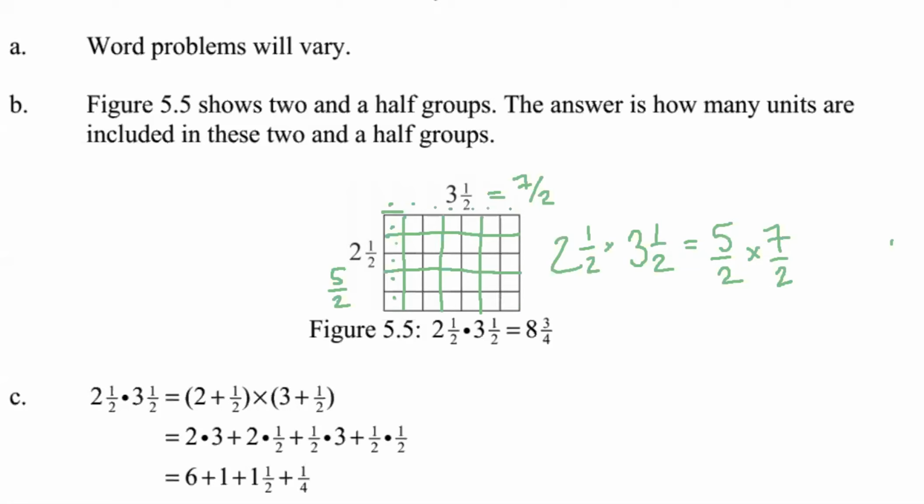Let's look at what a whole 1 looks like, right? So if we focus in, this was the line for 1, and this was the line for 1. So a whole is a square, and 1 box is 1/4 of a whole.